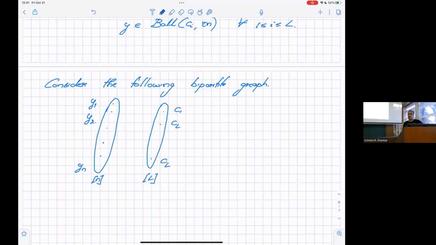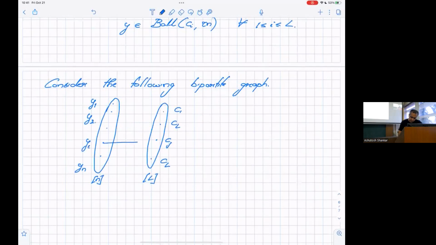I'm going to do the most natural thing. When will I put an edge between, let's take an arbitrary Cj and the yi?